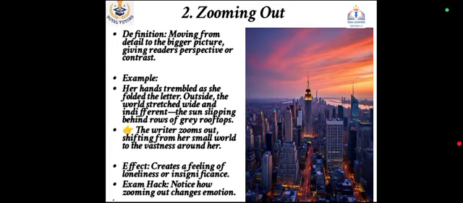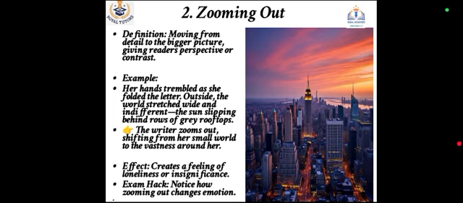The next structural device is zoom out. Zooming out is moving from details to the big picture, giving readers perspective or contrast. For example, her hands trembled as she folded the letter.